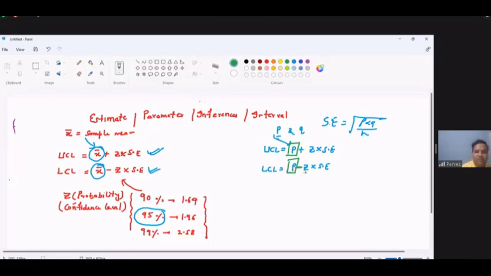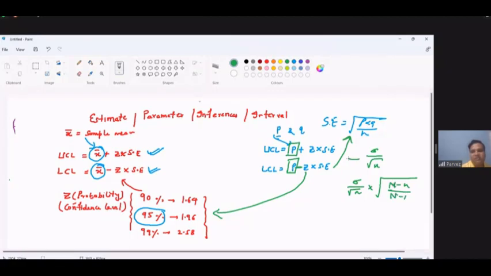The Z confidence level I'll take from here. They'll mention the confidence level. Standard error I'll calculate using any of the formulas: sigma by root n, or sigma by root n into square root of capital N minus n divided by capital N minus 1, or this formula. Out of these three, any one I'll use. Z value I can take directly from the confidence level.